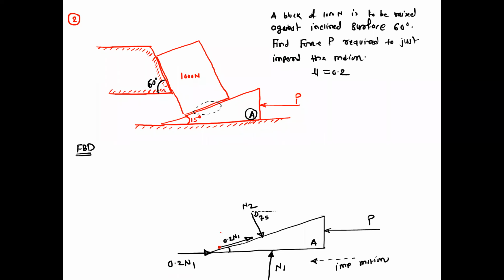So we can resolve this reaction or friction force like this. So this is Y component and this is the X component. Similarly, we can resolve the normal reaction N2. This is X component and this is the Y component. Now consider the free body diagram for the block of 1000 Newton.